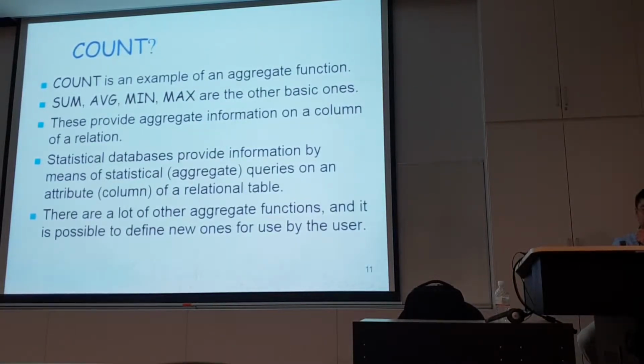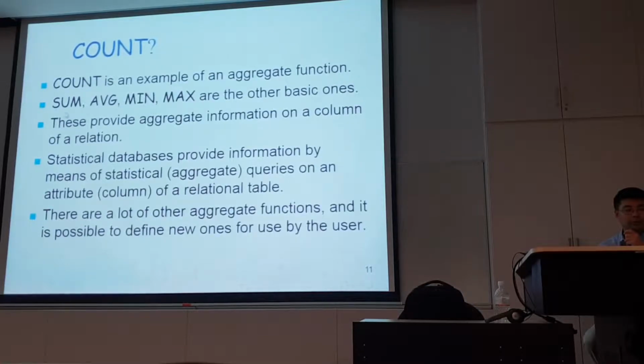If we define a view on a database and we can only query these aggregation functions through the view, then essentially we create an interface for a statistical database. That means you are only allowed to query the statistical information, not the accurate individual information. But the sensitivity level for different aggregation functions can be different.